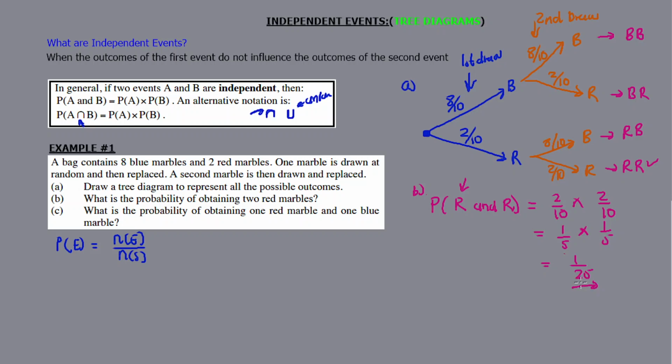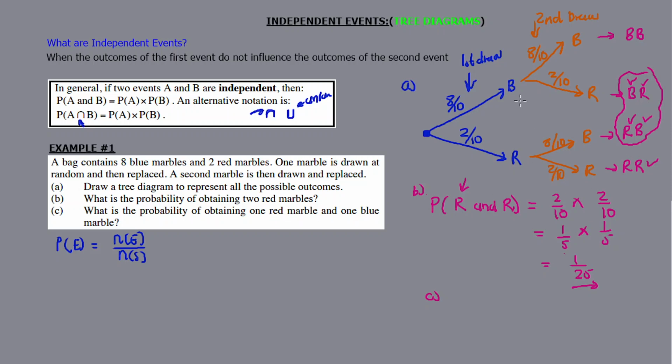Now let's do the last one. What is the probability of obtaining one red ball and one blue ball? One red, one blue. We have 2 legs where we get one red and one blue.